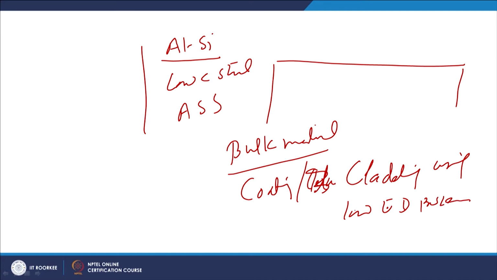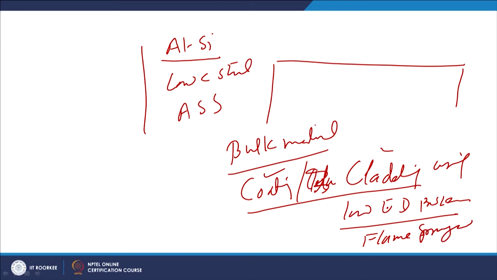In that case also, coatings or claddings are applied using the low energy density processes like flame spraying. So, this is just like gas welding, where an oxyacetylene flame is used to deposit the metal over the surface of the substrate, leading to a very low cooling rate during the development of the coating, and which in turn causes the coarse grain structure.